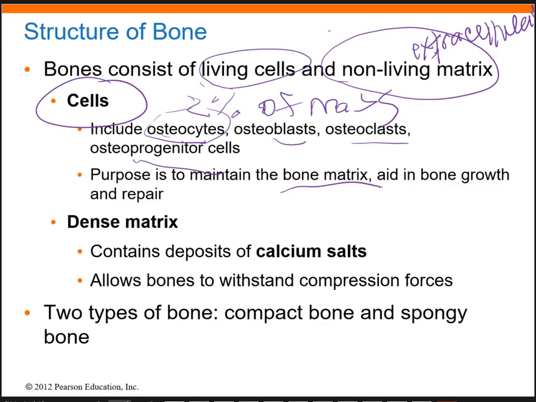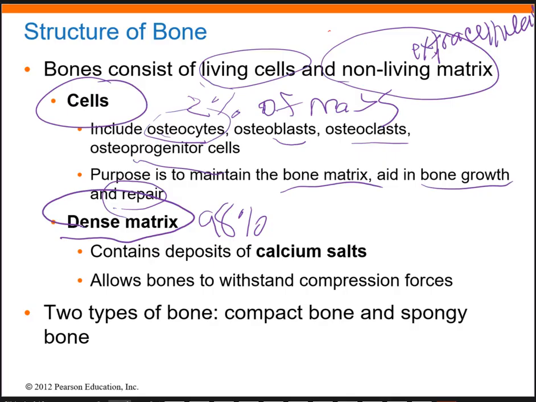Right? So they help to repair the bones to keep them strong and healthy. And then the cells are also important in bone growth. So about 2% of bone's mass is made up of cells. That means that the other 98% of bone mass is this dense extracellular matrix.